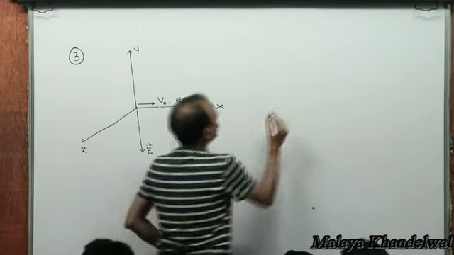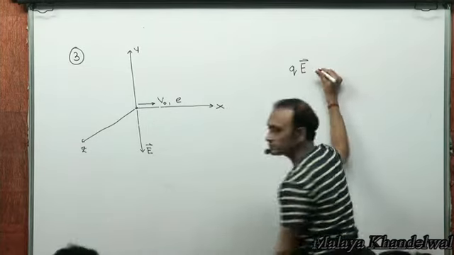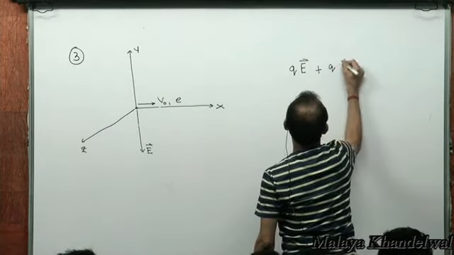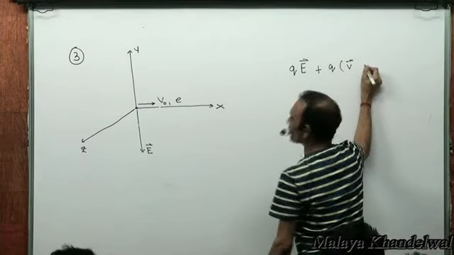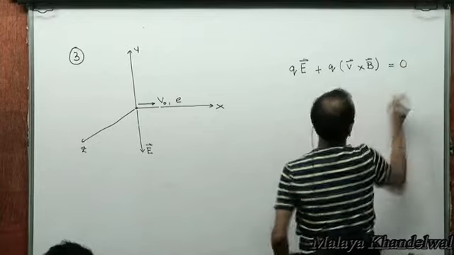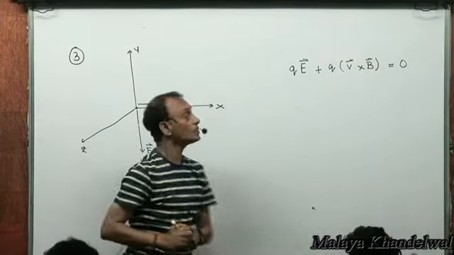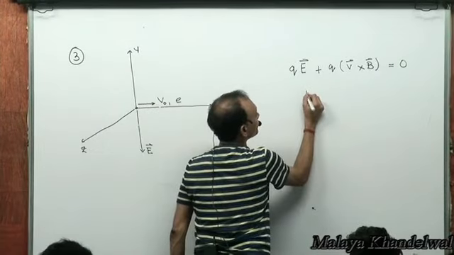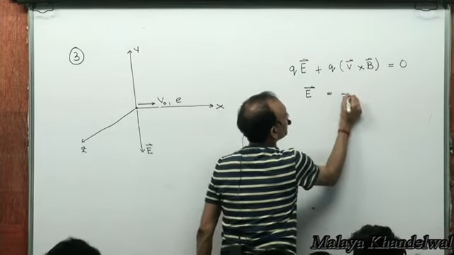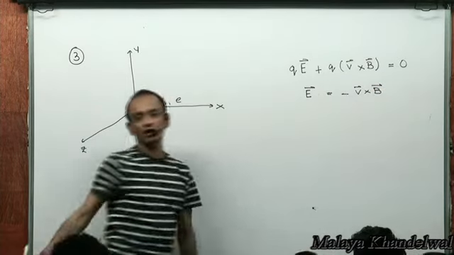So QE plus Q into V, which is the velocity along the x-axis, cross B, must be 0 on the electron. That means E must be minus of V cross B.